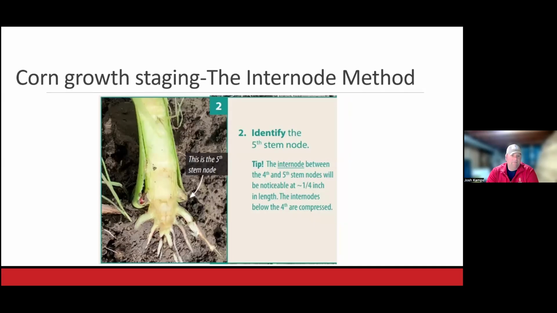So identify that fifth stem node. Okay, that's the more dominant looking one there, towards the top. The internode between the fourth and the fifth usually has a little bit of a gap there. That might be a way to show that to us. We can count either way.